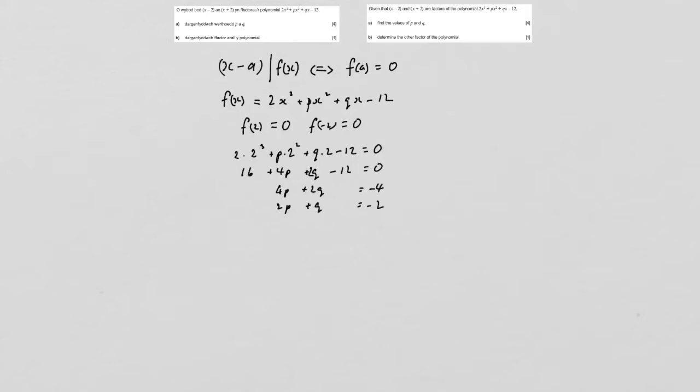Now we can put minus 2 into the function, so that gives us 2 times minus 2 cubed plus p times minus 2 squared plus q times minus 2, take away 12 is 0, and this then gives us minus 16 plus 4p minus 2q minus 12 equals 0, which gives us 4p minus 2q equals 28, and 2p minus q equals 14.